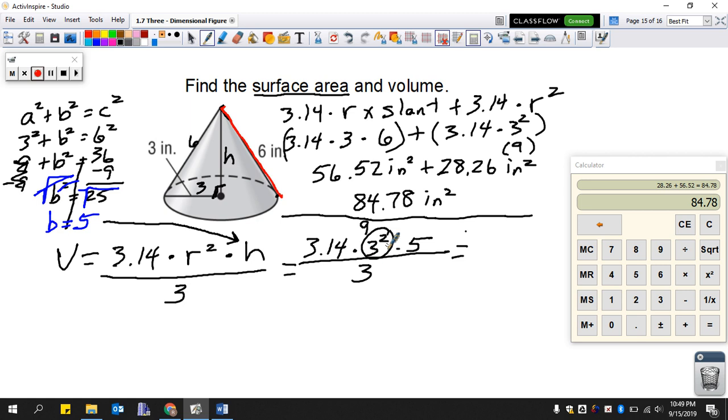So we can just bring it straight down. 3.14 times 9 times 5 divided by 3. 3.14 times 9 times 5 is 141.3 divided by 3.